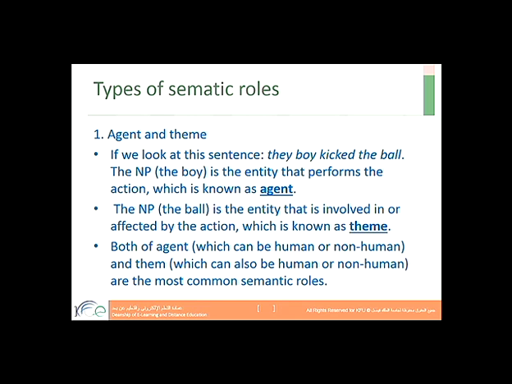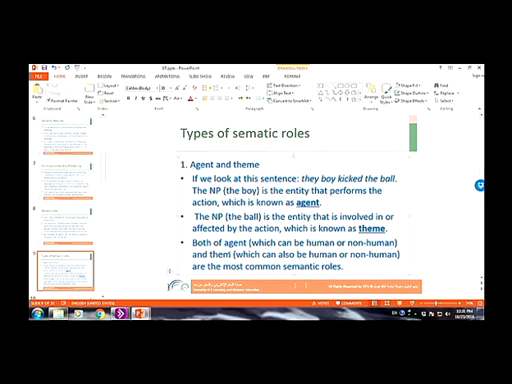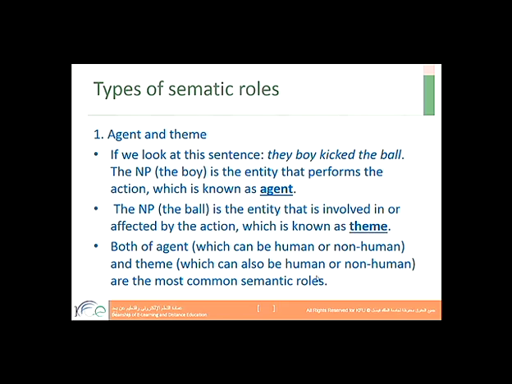Both of these semantic rules can be human or non-human. Same thing with theme, it can be a human or it can be a thing. So agent and theme are among the most common semantic rules.